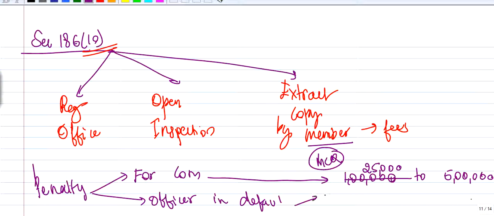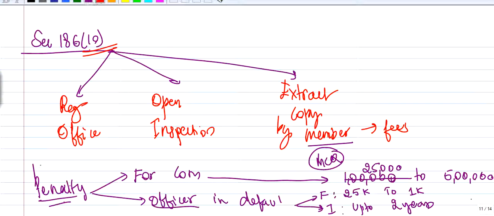Here the fine for an officer is 25k to 1 lakh. Of course imprisonment is also there, up to 2 years. Okay, that is with regard to penalty.